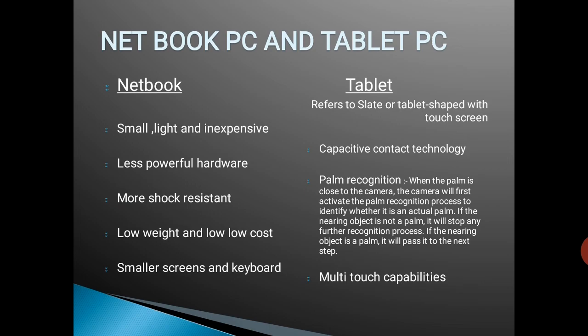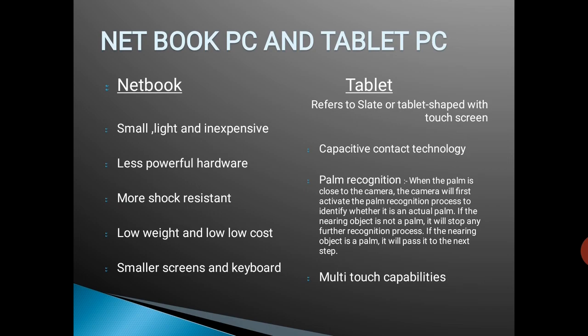And what is the difference between a netbook PC and a tablet PC? Netbook, that is netbook PC, personal computer, they are usually small, light and inexpensive. It has less powerful hardware, more shock resistant, low weight and low cost, smaller screens and keyboard.